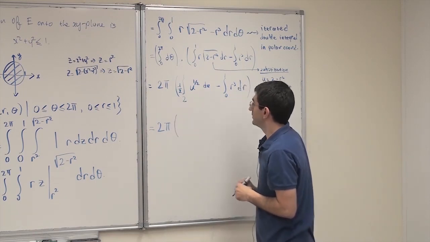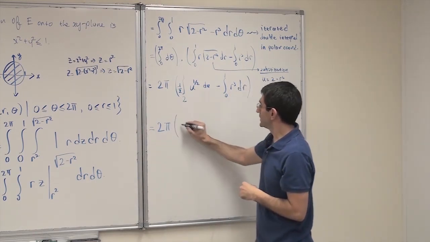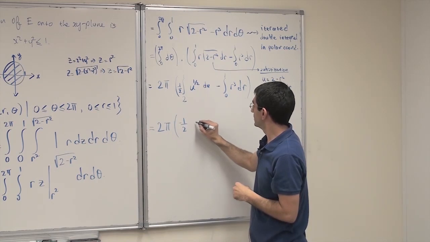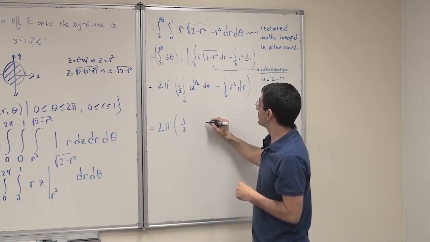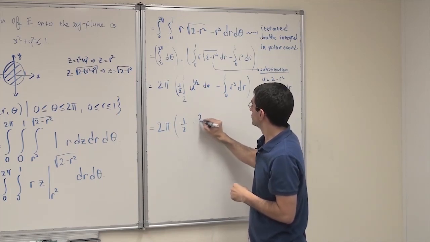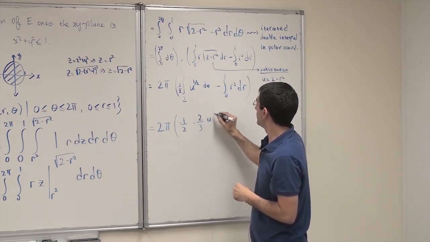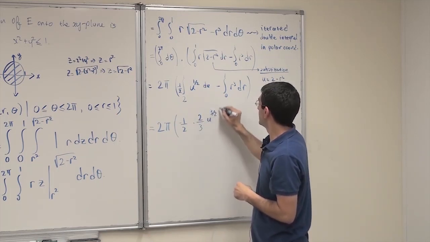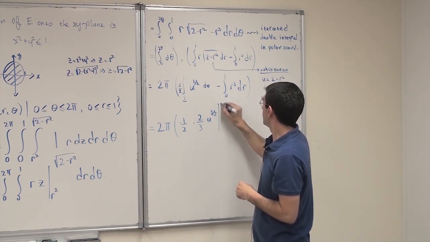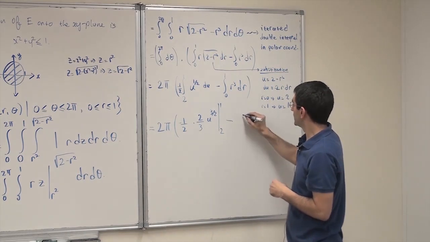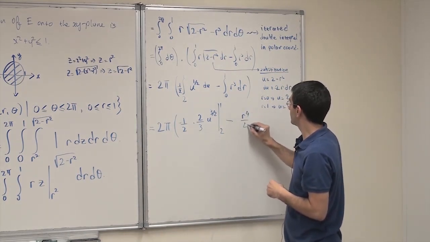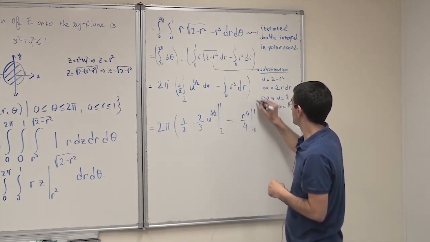So we have the first integral, it's negative 1 over 2 times the integral of u to the power 1 over 2, which is 2 over 3 u to the power 3 over 2, evaluated from 2 to 1, minus the integral of r cubed, which is r to the power 4 over 4, evaluated from 0 to 1.